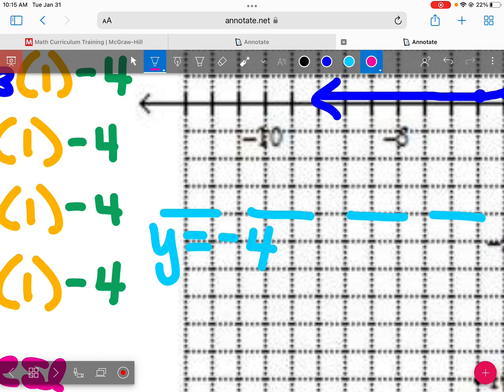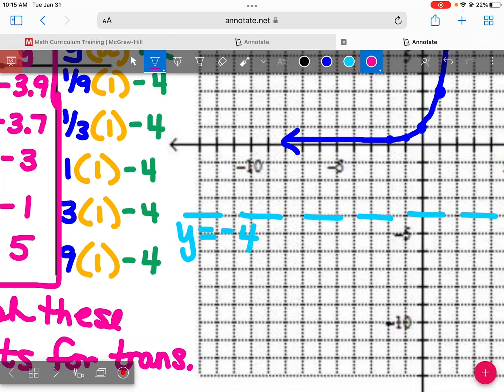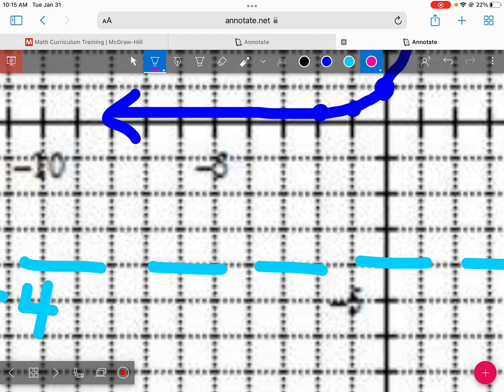All right, now I'm going to plot my points for my transformation. Negative 4, negative 3.9 is going to sit just barely above that dashed line. It's going to be almost on my asymptote, but remember, it never gets all the way to it. Negative 3, negative 3.7, it's going to be still really close to that asymptote.